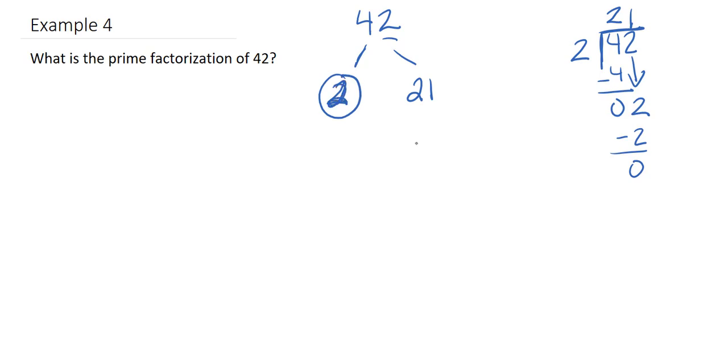So we're left with 2 and 21. Well, 21 is a composite number because we can break this down into other prime numbers. We can't do 2 anymore because it's odd. What about 3? Remember our divisibility test: we take the sum of the digits to see if it's divisible by 3, so 2 plus 1 is equal to 3.